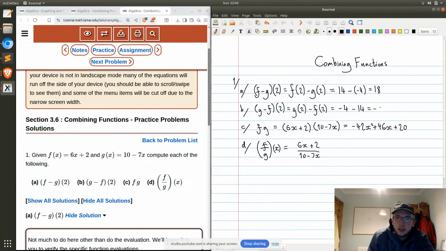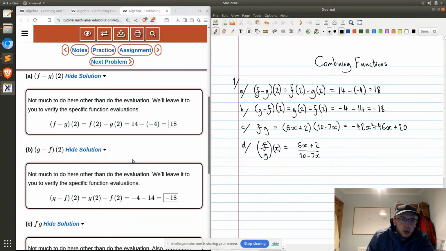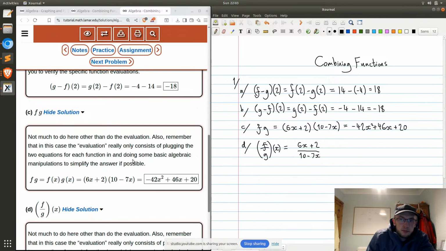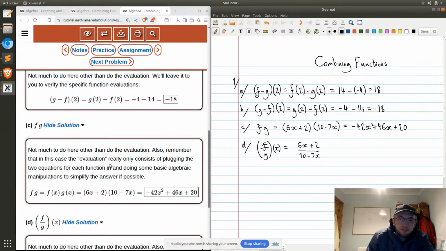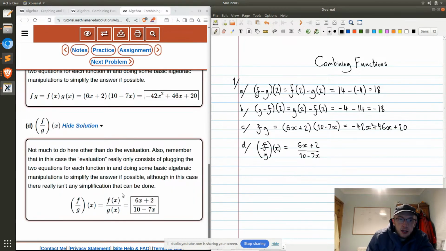So negative 4 minus 14, which is negative 18. Okay. All right. This is simply looking at that product. And then here, this is the quotient of the two functions. So that's all.